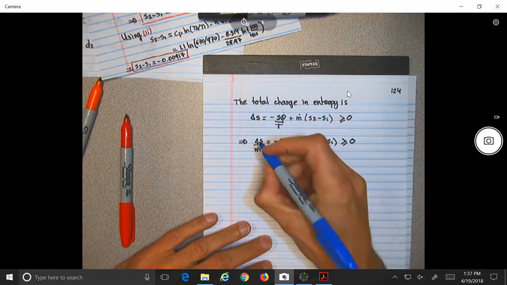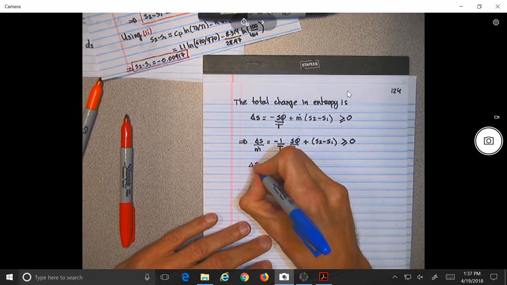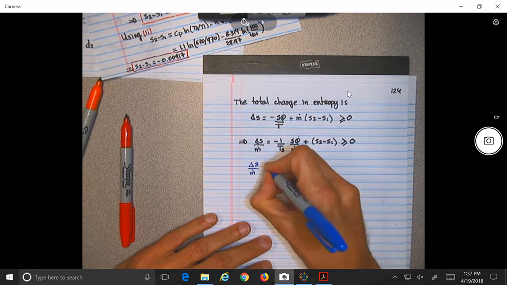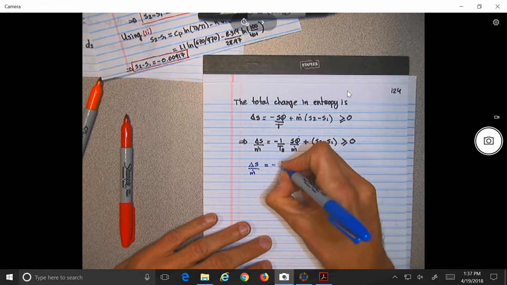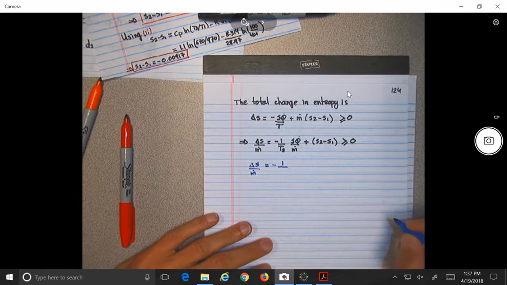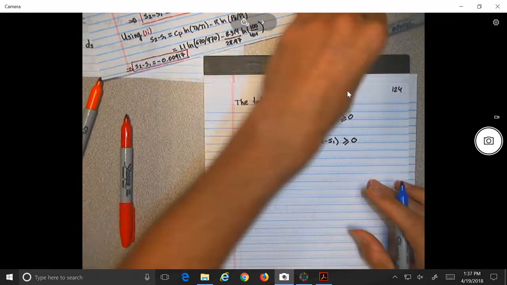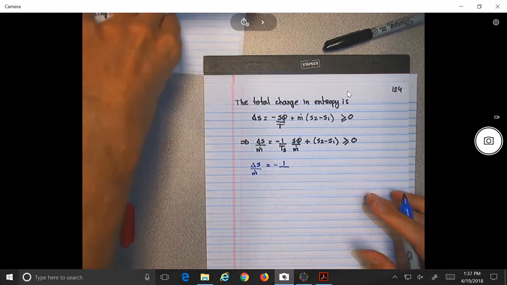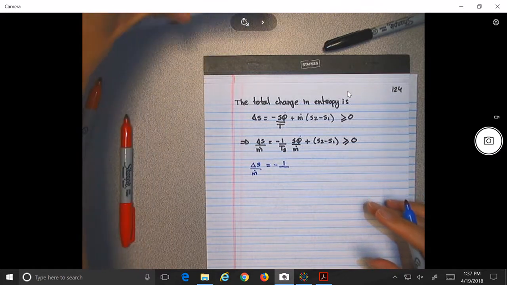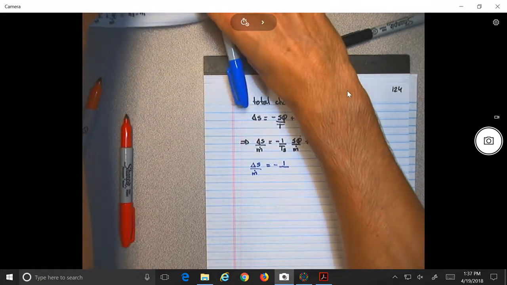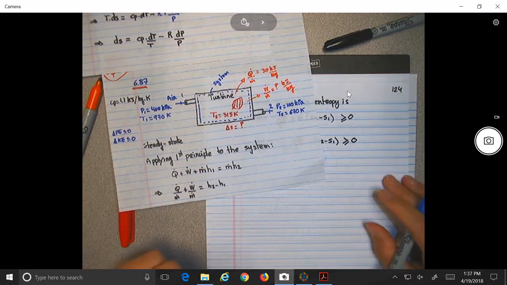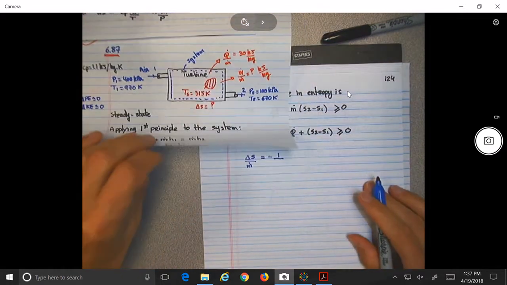So over here, what do we have? We had the numerical application: delta S over M dot is equal to what? Minus 1 over, what did we say was TS? What is that figure? What is TS? The temperature of the surface, so 315.